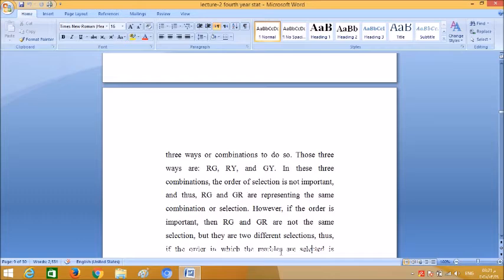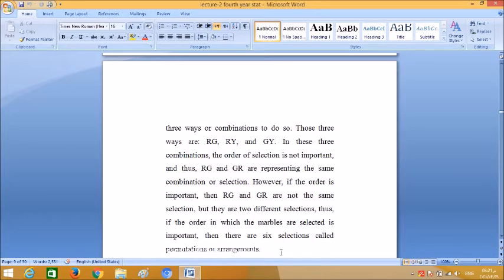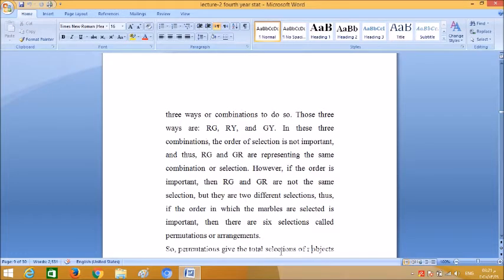Thus, if the order in which the marbles are selected is important, then there are 6 selections called permutations or arrangements. Okay, so the number of permutations is larger than the number of combinations, as we will see when dealing with permutation now.